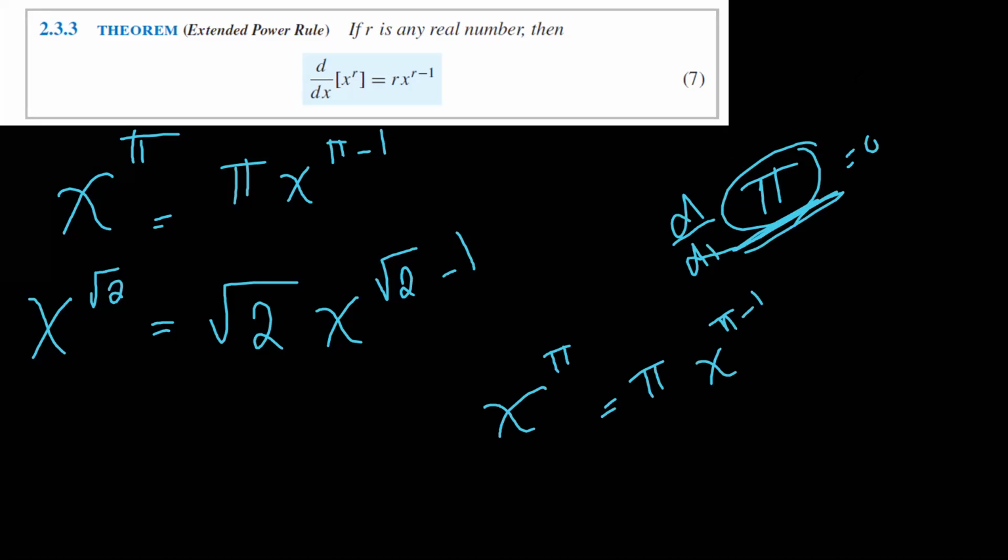If it is pi without a variable, it will be 0. But if it is with a variable, it will not be 0. So teacher, pi minus 1 means 22 over 7 minus 1. Yes.